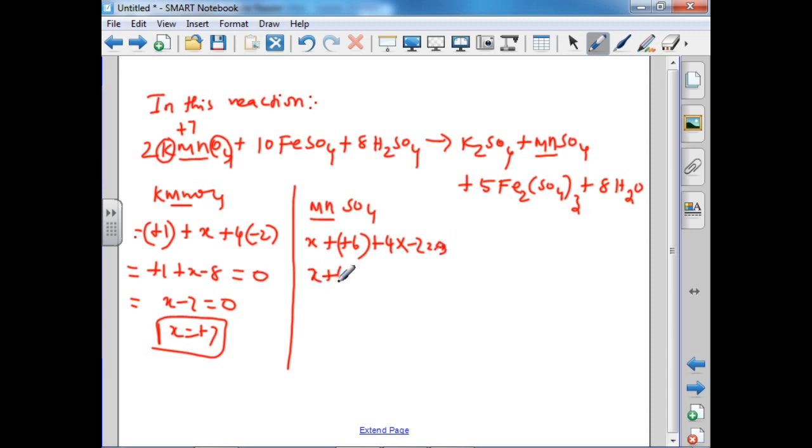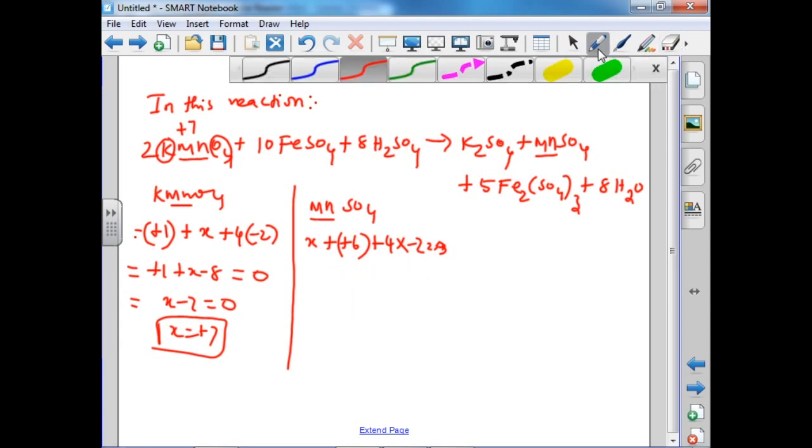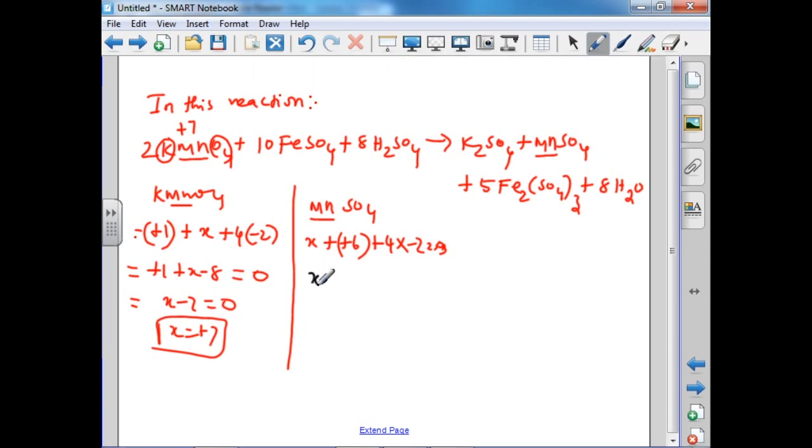So X plus 6 minus 8 equals 0. X minus 2 equals 0. X equals +2. So the oxidation number of Mn in MnSO4 is +2.